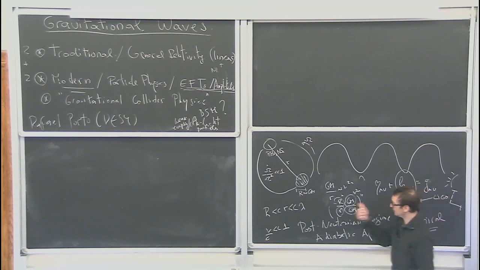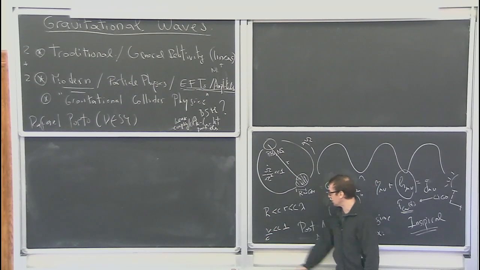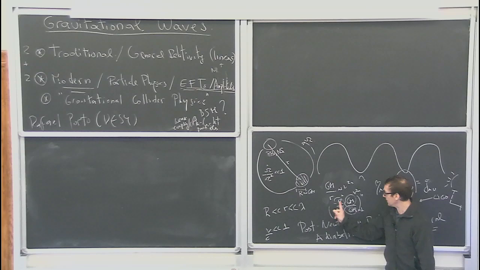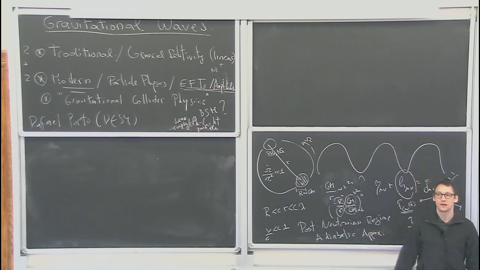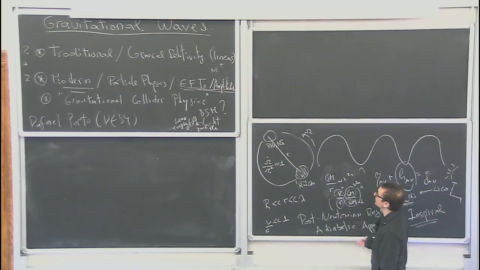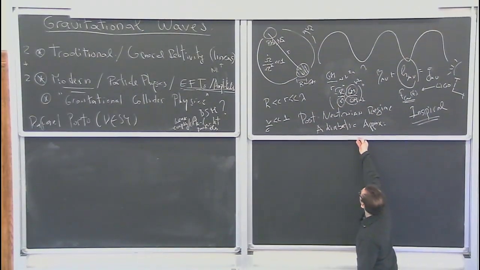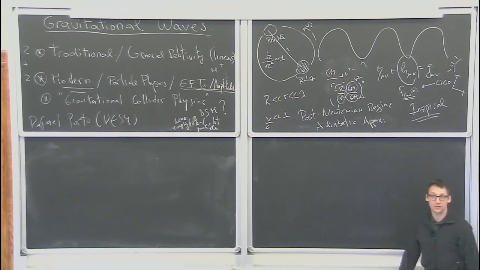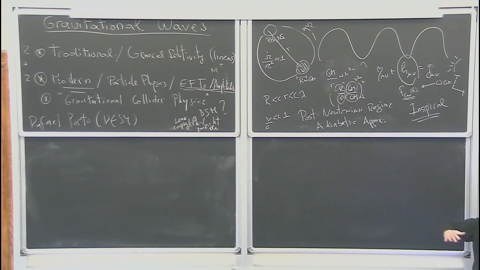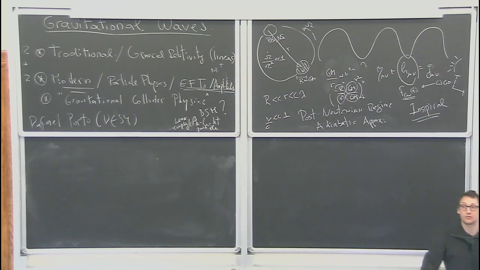So important is like, what are the relevant scales? What is the ratio of those scales, which is your expansion parameter? And keep in mind that there are some dimensionless numbers going around that carry information about the UV physics. Okay? But this will be ultimately our goal. How accurately we need to know the waveforms, how accurately we need to solve the two-body problem to be able to be sensitive, for example, to the internal structure of a neutron star.